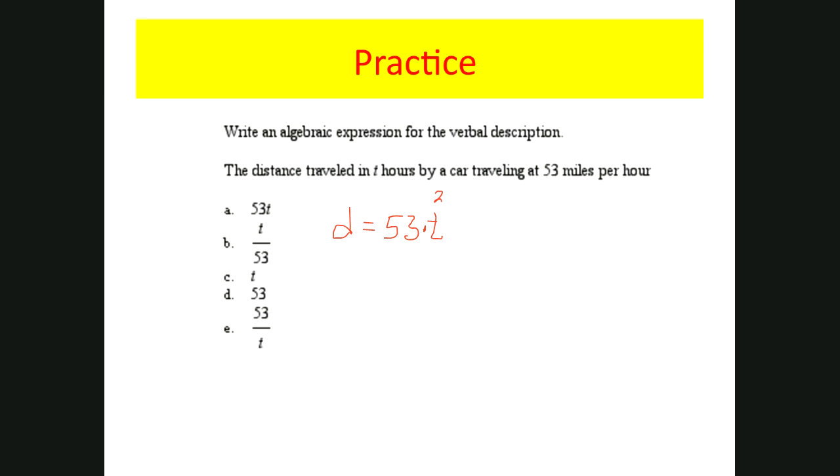So I would use 53 times T for the expression. Now, if they want an equation, then I would have had to do D is equal to 53 times T. That would be an equation. 53T is just an expression for the distance traveled.